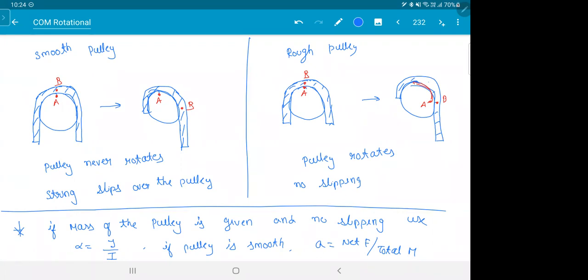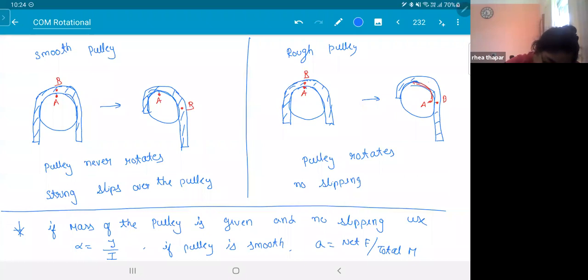Not only this, there is one more difference. In a smooth pulley, when you take the string, tension is the same on both sides.